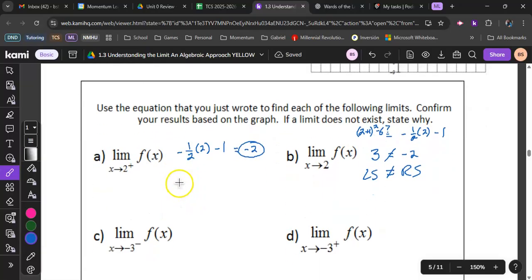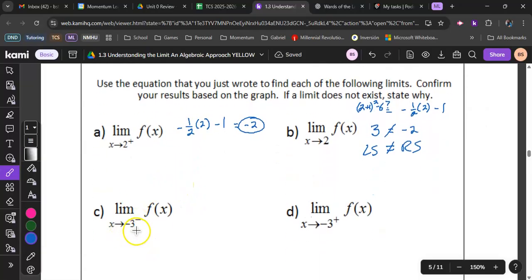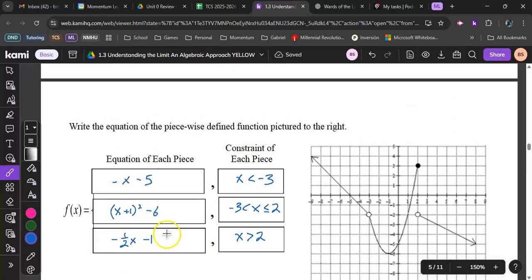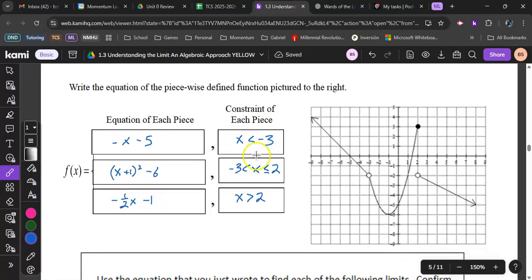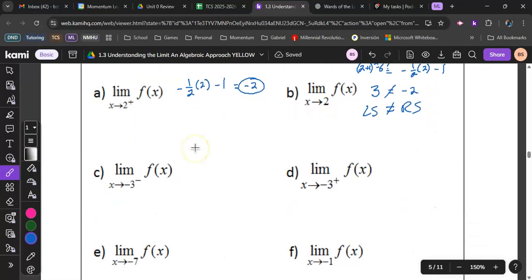Next one. I'm going to do -3 from the left. So let's scroll up and see where that is. I want -3. That's the first two functions from the left, meaning it's bigger or smaller than -3. If it's from the left, a little bit smaller. So that means I need this first one. So -x minus 5.